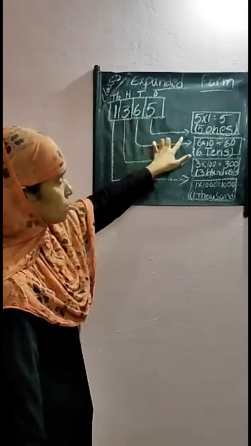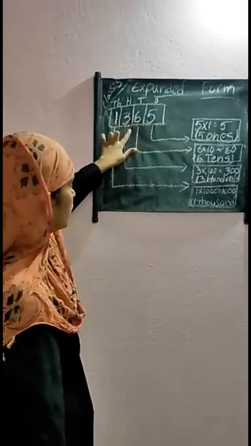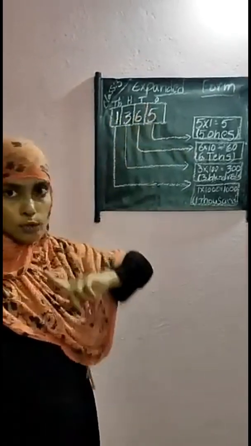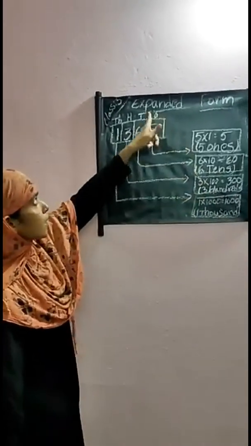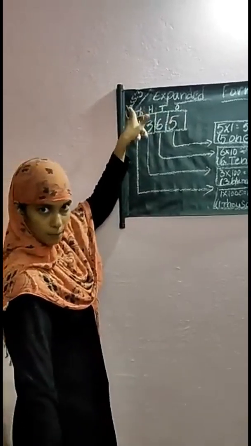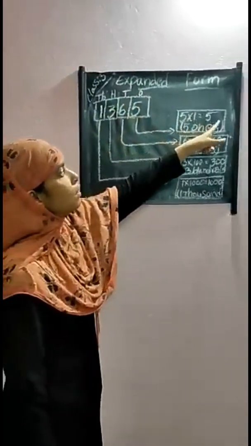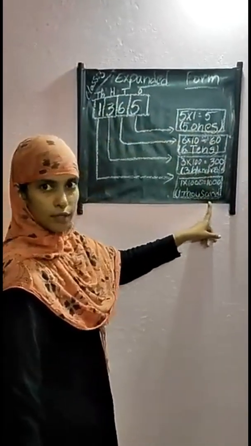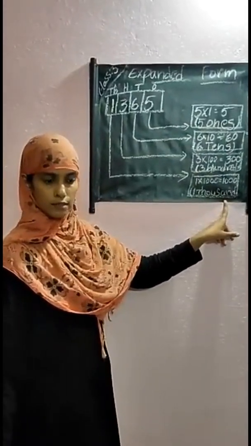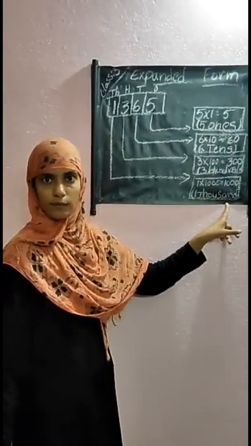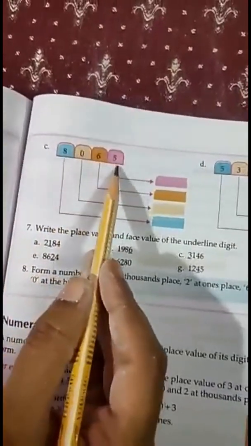Here, arrows are also given in the textbook and the number is also given. What you need to do is write the upper place values, mark the place values, then fill the boxes. Okay children, 2 more examples we have. Let us see in the textbook, page number 151. Here, third example, see. 8065 is the number.